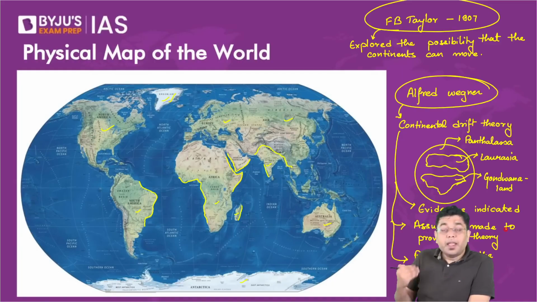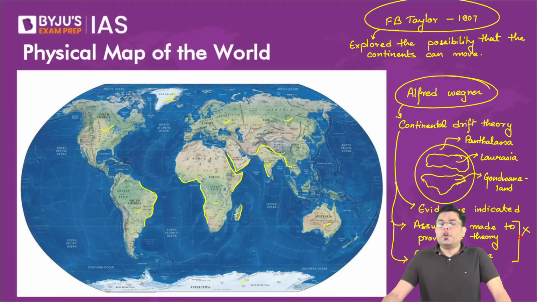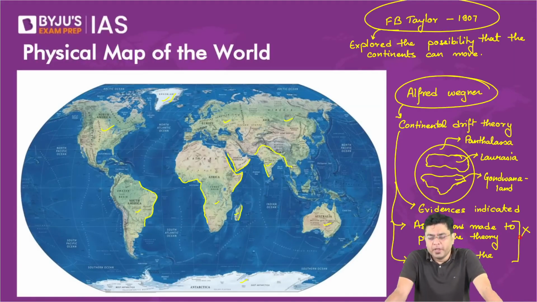What were the evidences indicated? What were the assumptions made? And what were the reasons indicated for the drift? Out of these, the assumptions and the reasons were absolutely incorrect, due to which his theory was ridiculed and rejected.